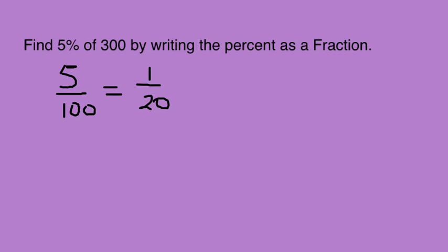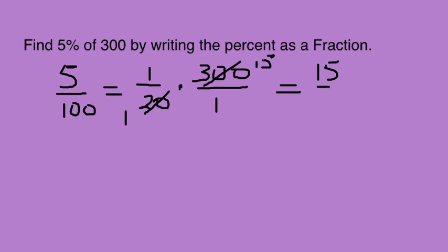Then I'm going to take 1 over 20 times 300 over 1. Are there any cross cancels? Absolutely. 20 will go into 300 15 times. So when I multiply across, I'm going to get 15 over 1, where my answer is 15. So 5% of 300 is 15.